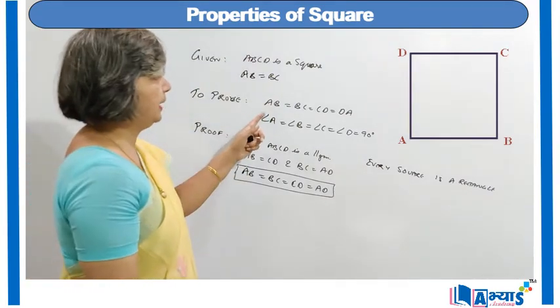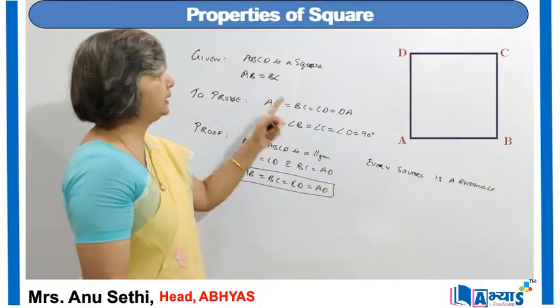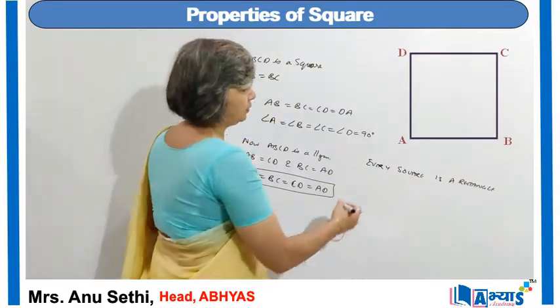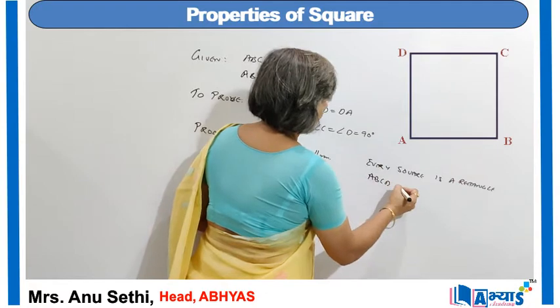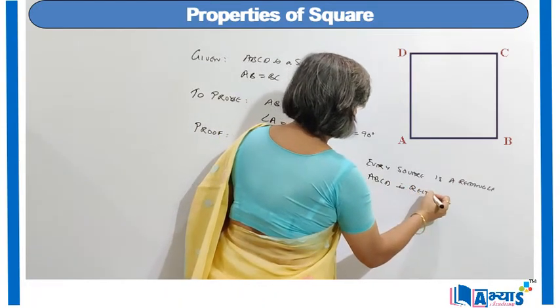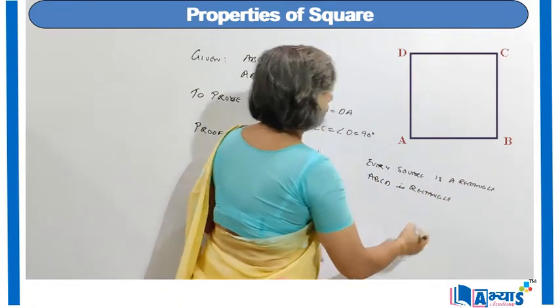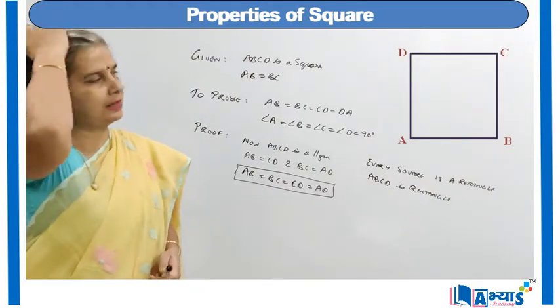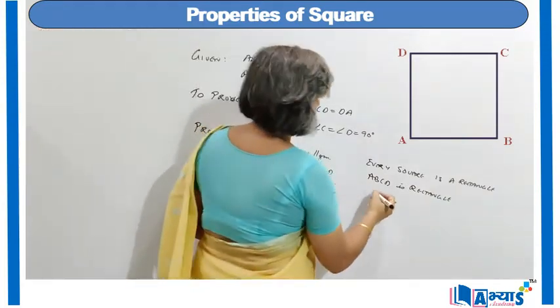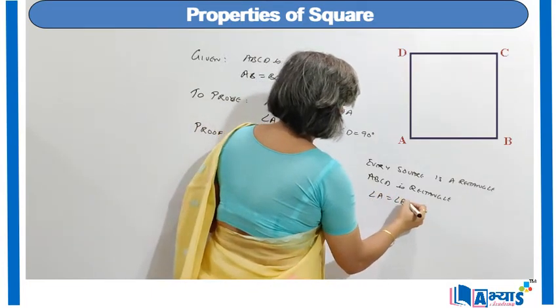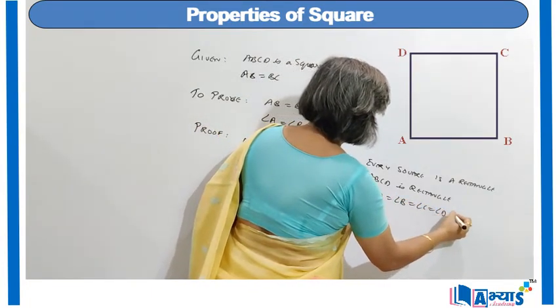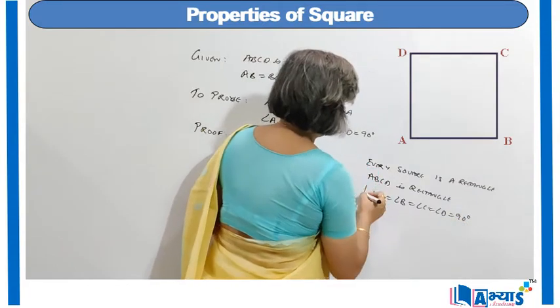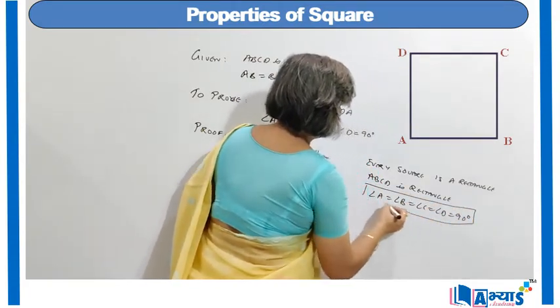Therefore as every square is a rectangle and ABCD is a square, ABCD is a rectangle, and in the case of a rectangle all the four angles are right angles. So we can say that angle A is equal to angle B is equal to angle C is equal to angle D is equal to 90 degrees. Hence the second part of the theorem is proved.